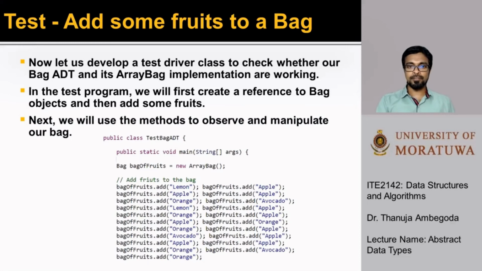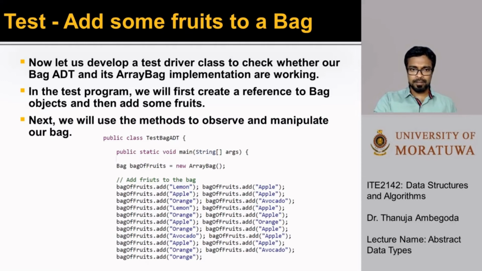Then we can observe and manipulate the contents of the bag. I'll briefly go through the code, and I invite you to pause the video and go through it in your own time to understand it in more detail and try to implement it yourself.